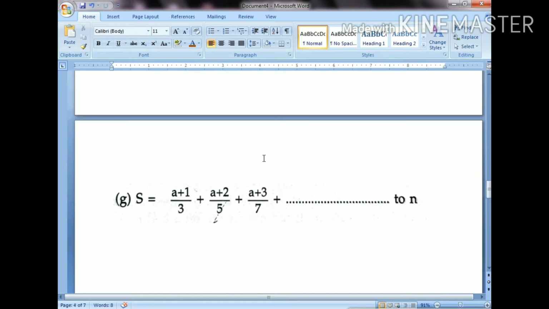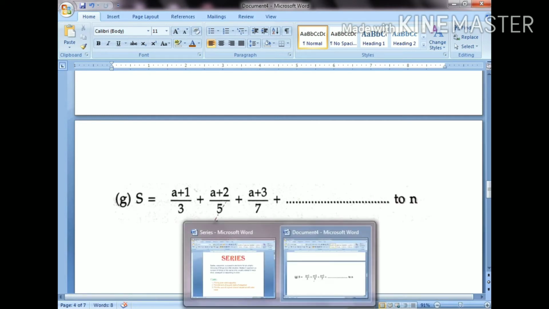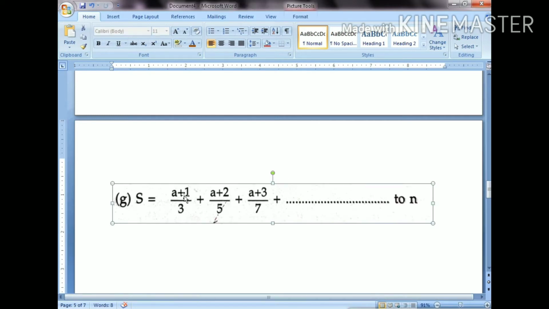Question number G. So here you can see a power 1, a power 2, a power 3 to n. So n means the upper value, a plus I, a plus I, till a plus I. So I have to write I equals 1, I less than equals n. Okay, and there is a denominator which becomes 3, 5, 7.